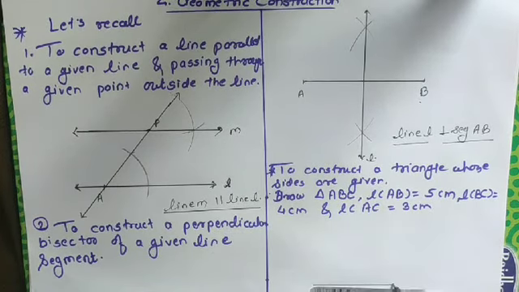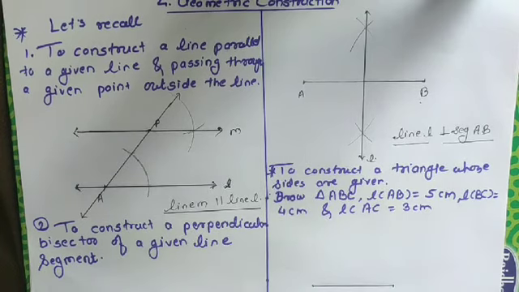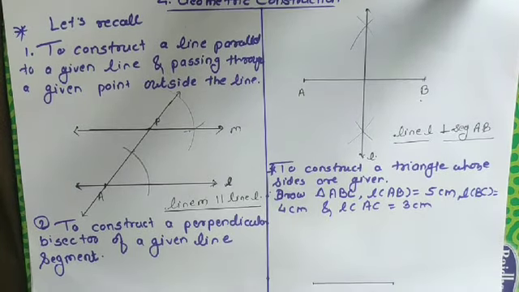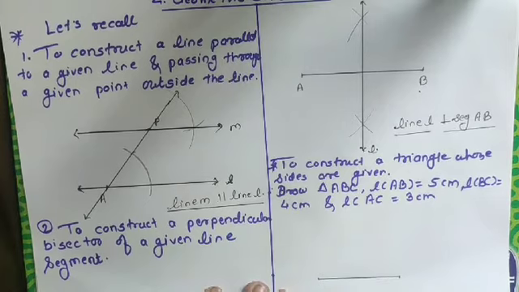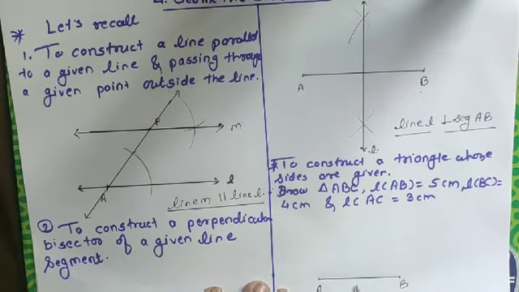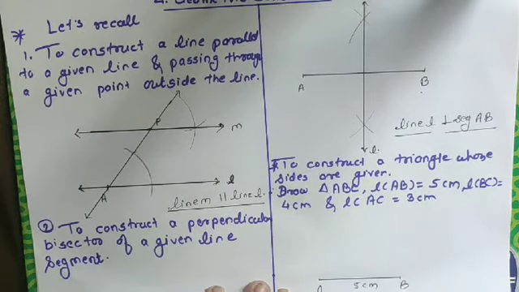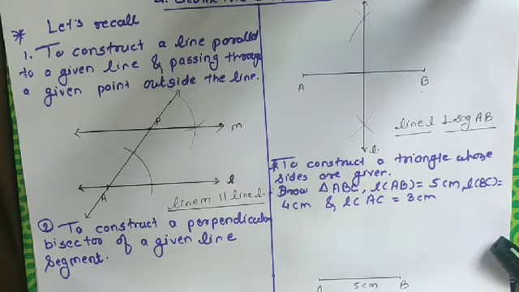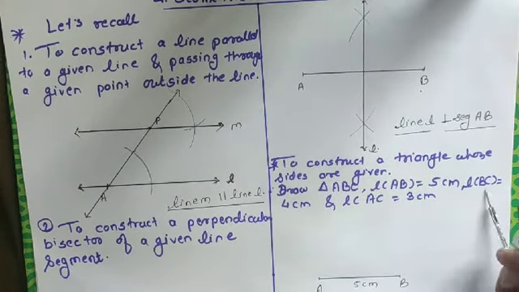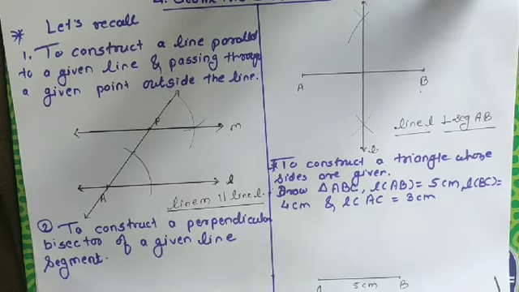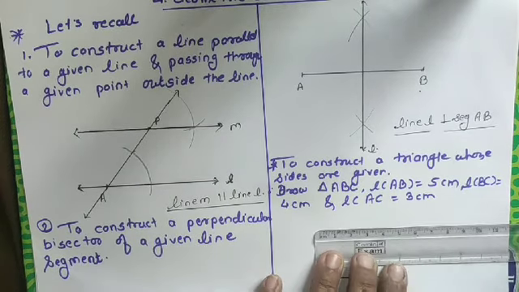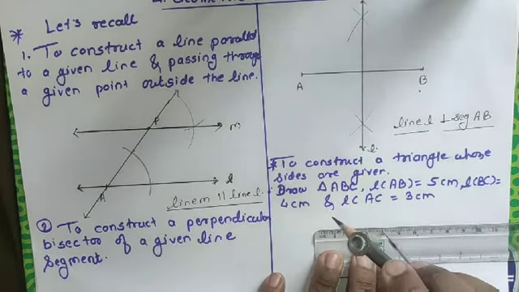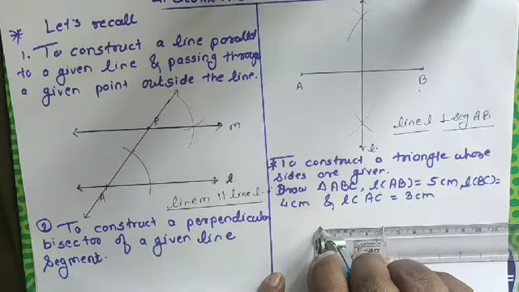This is AB, 5 centimeter. Now you have to take a compass in your hand. Length of BC is given as 4 centimeter, so take the 4 centimeter distance in your compass.